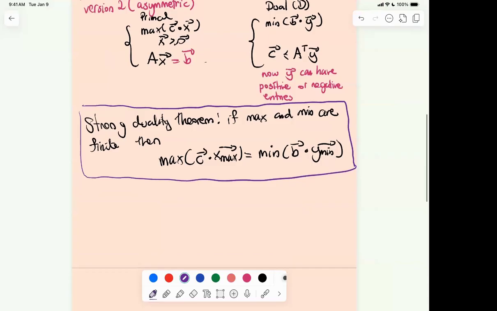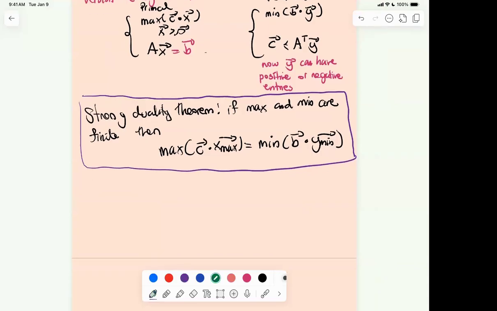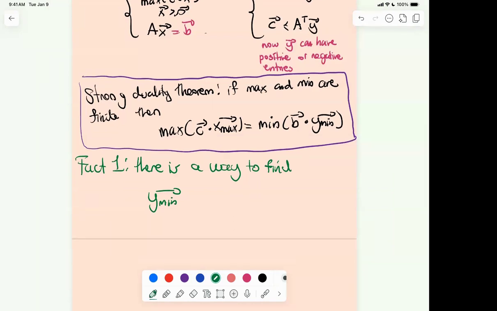So, fact one, there is a way to find this vector that minimizes the dual function directly from x max. Okay. And I'll give you the explicit formula in a moment.